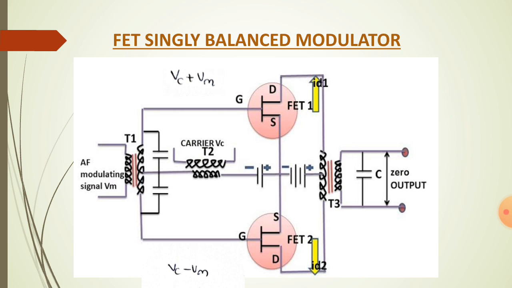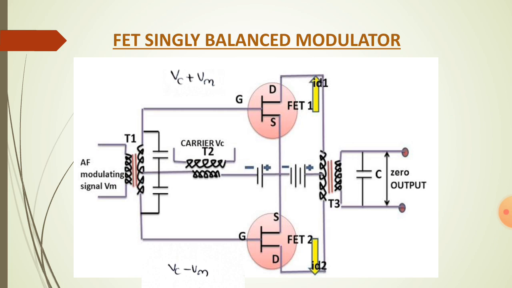The other signal given to this balanced modulator is the carrier signal. Let the voltage of the carrier signal be Vc, which is given to the primary of the other transformer T2. So we give two input signals to this balanced modulator: the message signal or modulating signal and the carrier signal.